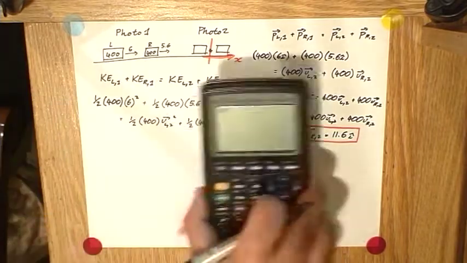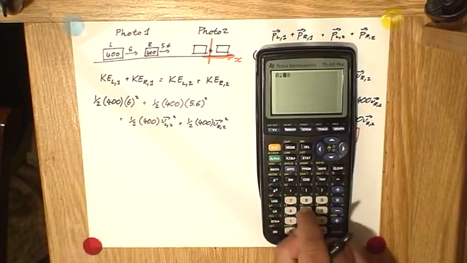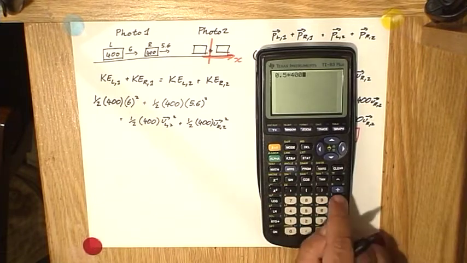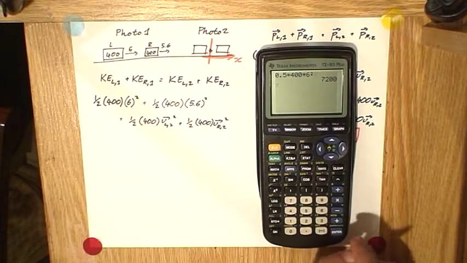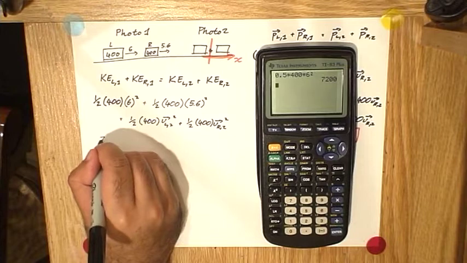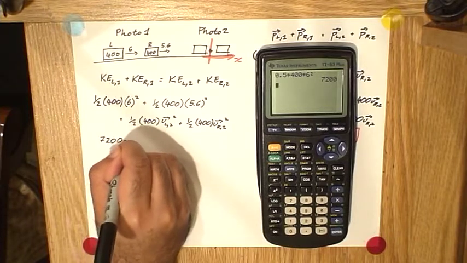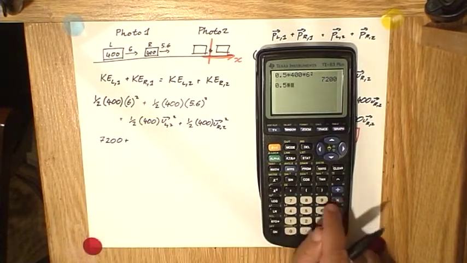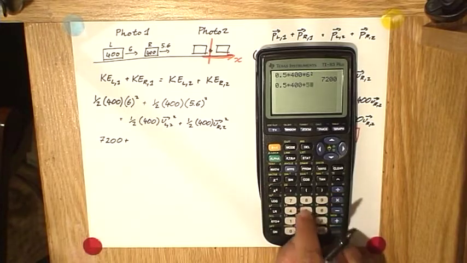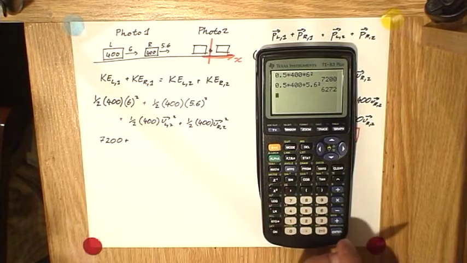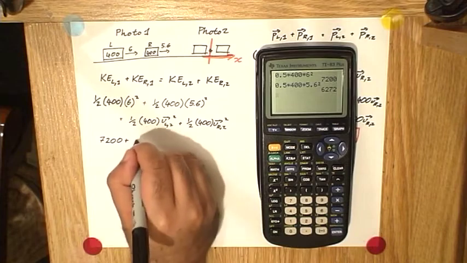Now, let's start simplifying all of this. 1/2 times 400 times 6 squared gives us 7,200. Plus 1/2 times 400 times 5.6 squared is 6272.